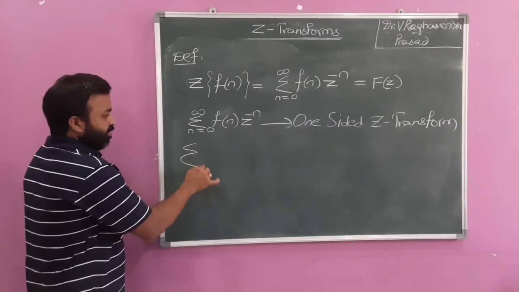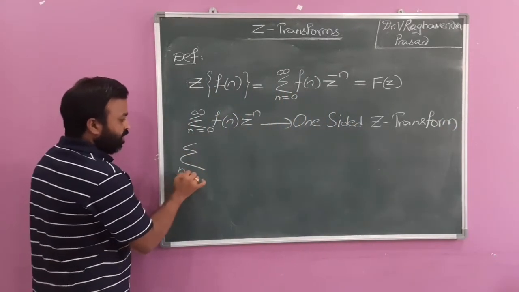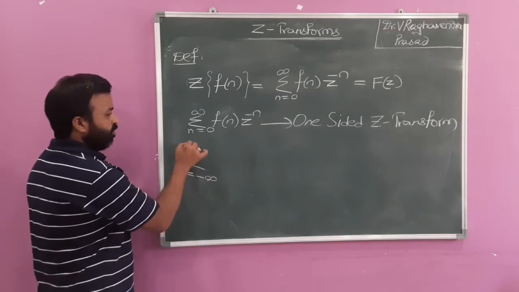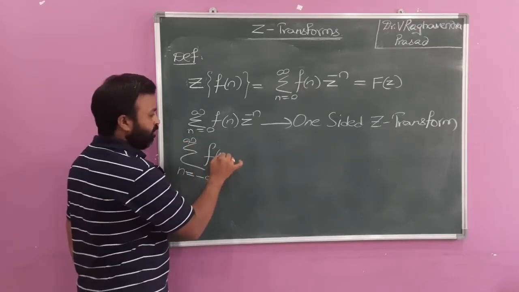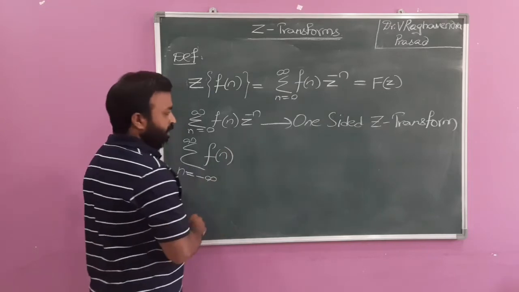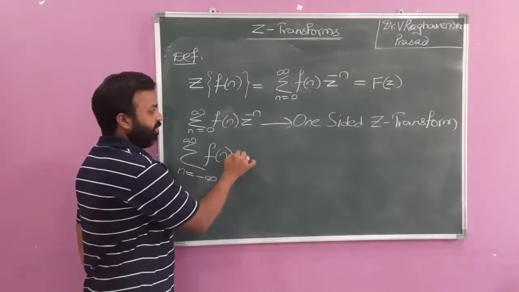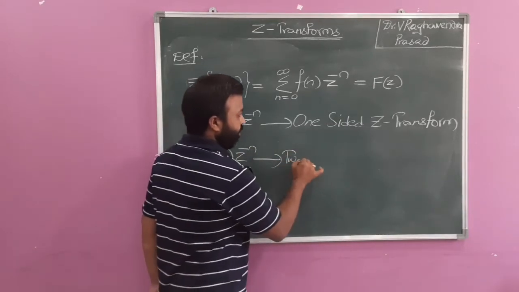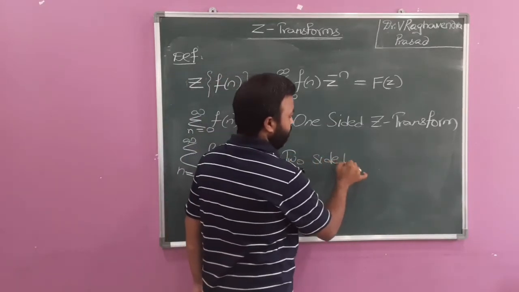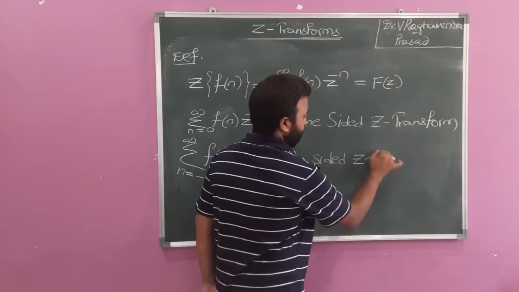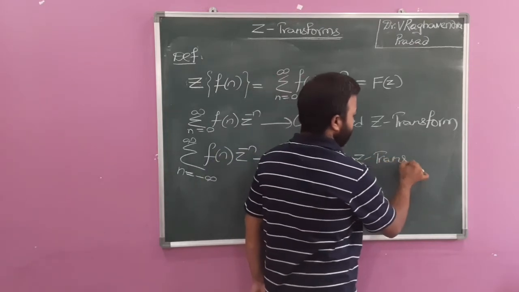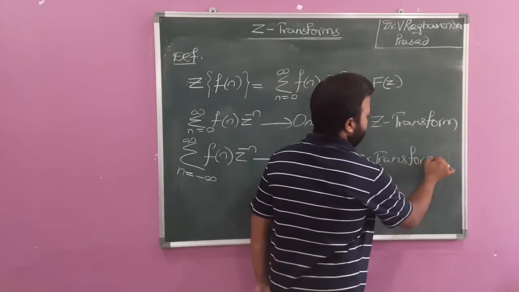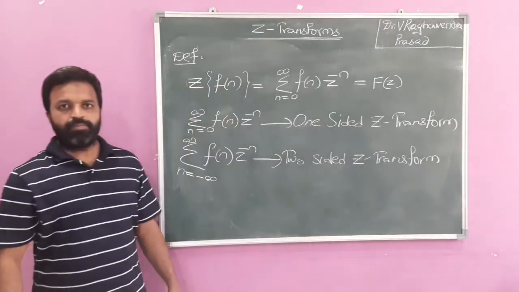Whereas, if n starts from minus infinity to infinity, the Z transform definition, sigma n equal to minus infinity to infinity f of n into z power minus n, is called the two-sided Z transform.